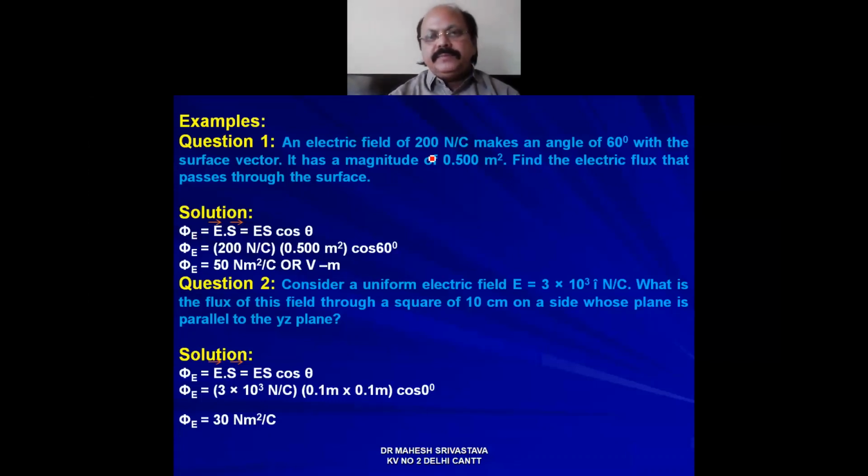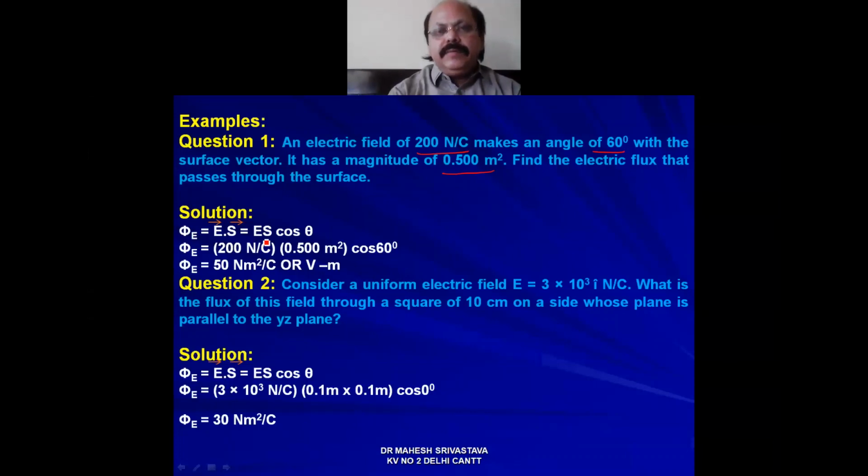So here you see what is given to you. Electric field is given to you, angle is given to you, and area is given to you. And then you apply the formula which you have studied. Phi E equal to E vector dot S vector equal to ES cos theta.